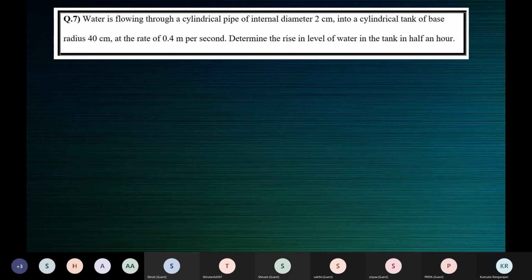Okay. So a cylindrical tank is being filled by means of a cylindrical pipe. I'll give you some time to read the question.